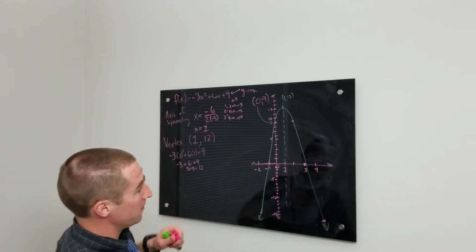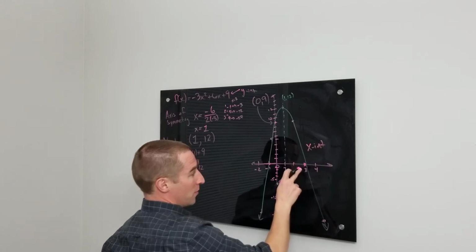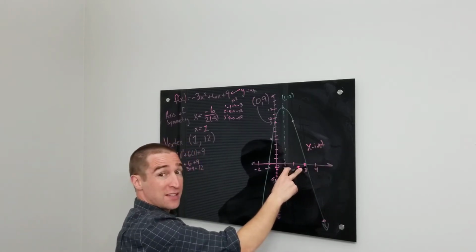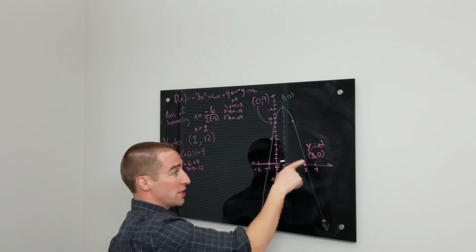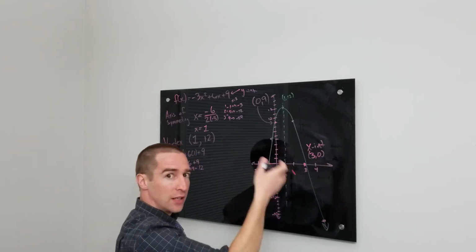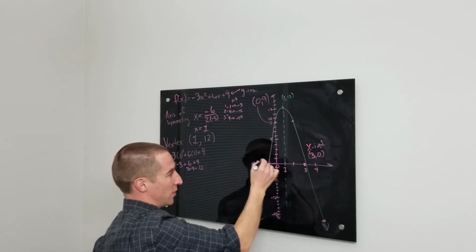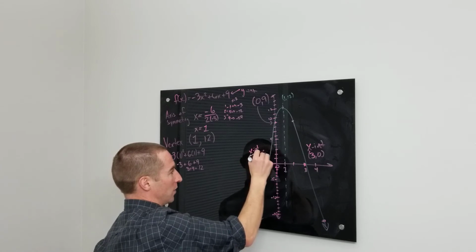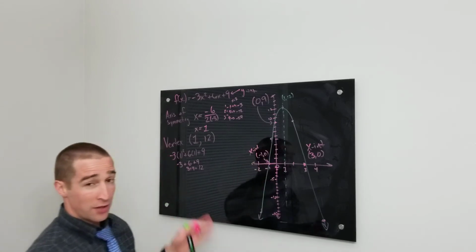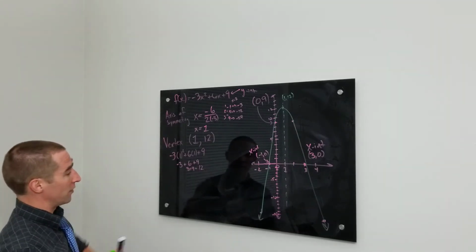So at 0, 9. The x-intercepts: one of them is here where the graph crosses the x-axis. That's at 3, 0. Notice how I'm writing these with an x-coordinate and a y-coordinate. The other time the graph crosses the x-axis is right here, x-intercept at negative 1, 0. So we've got our x-intercepts, our y-intercept, our axis of symmetry, and our vertex.